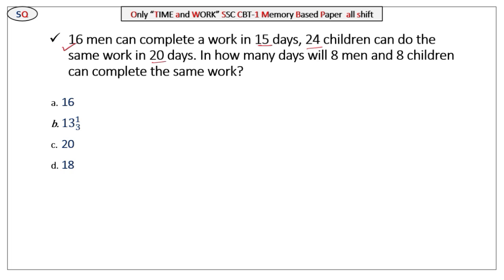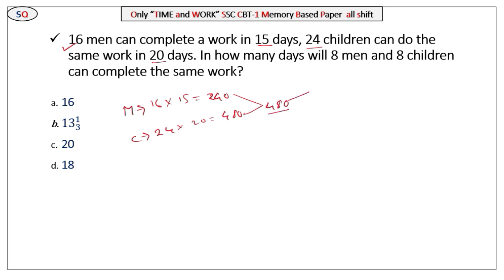So 16 into 15, it is the men. 16 into 15 equals 240, and children 24 into 20 equals how much? 480. Now take the LCM. We get 480. This 480 is the total units of work.